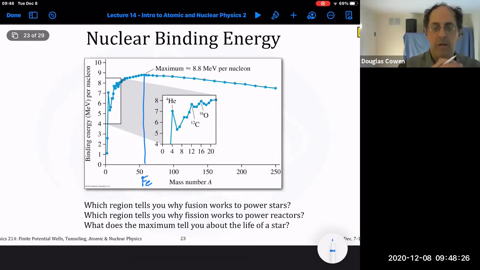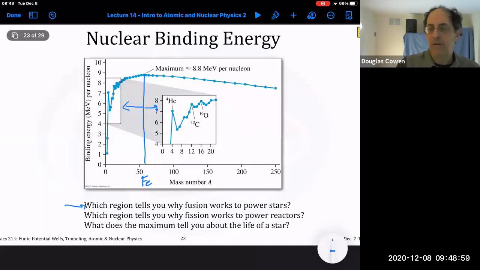Also, I wonder if you could tell me which region tells you why fission works to power reactors. So fission is when you take a heavier nucleus and you split it into pieces, and then energy is released. And the regions that I guess maybe you could think of are to the left of the maximum and to the right of the maximum. So for the first question, which region tells you why fusion works to power stars? Is it the region to the left or to the right of the maximum?